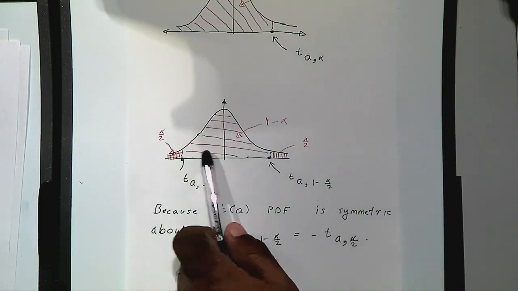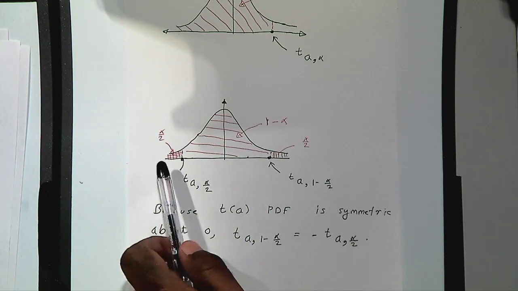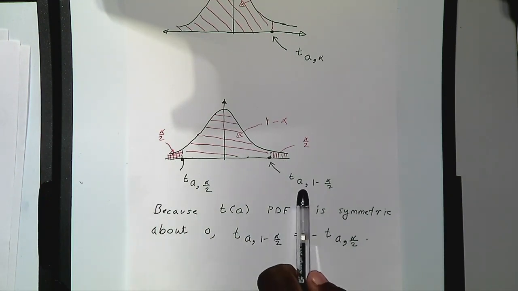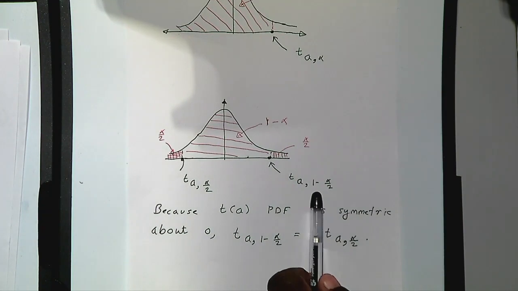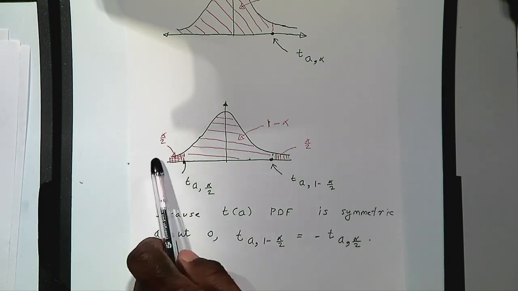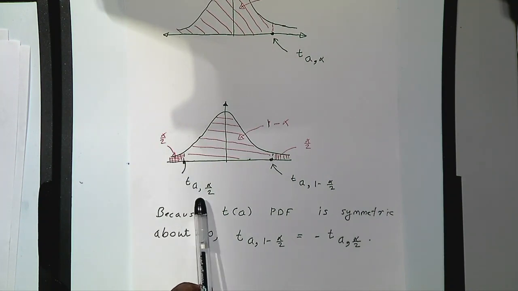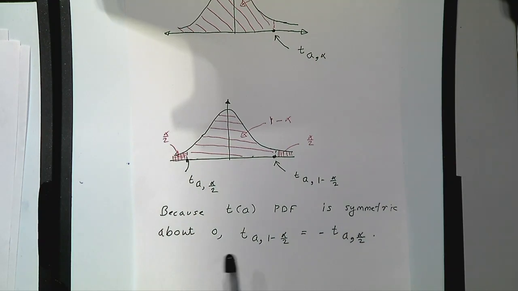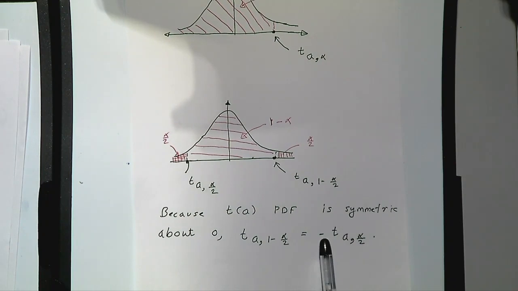And looking at this graph, if there's an area of 1 minus alpha in the middle, alpha by 2 in the left, alpha by 2 in the right, then this point here is t nu, 1 minus alpha by 2, because 1 minus alpha by 2 is the area to the left of this point. And this point is t nu comma alpha by 2, because alpha by 2 is the area to the left of this, right? And because of the symmetry of the t distribution, these two are equal except for the minus sign. And the same thing here, because the normal PDF is symmetric around 0, these two are equal except for the negative sign, right?